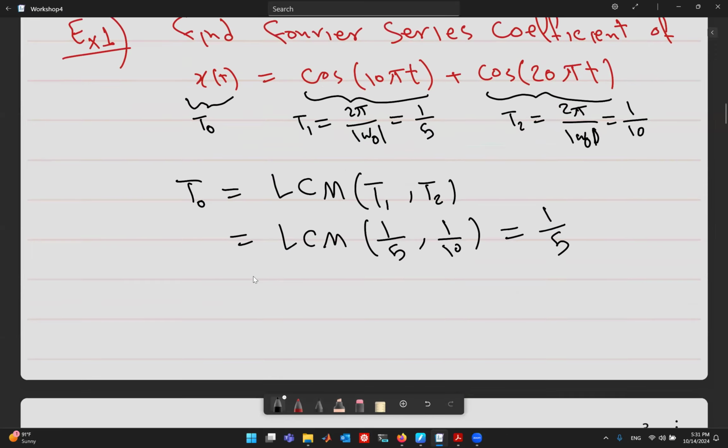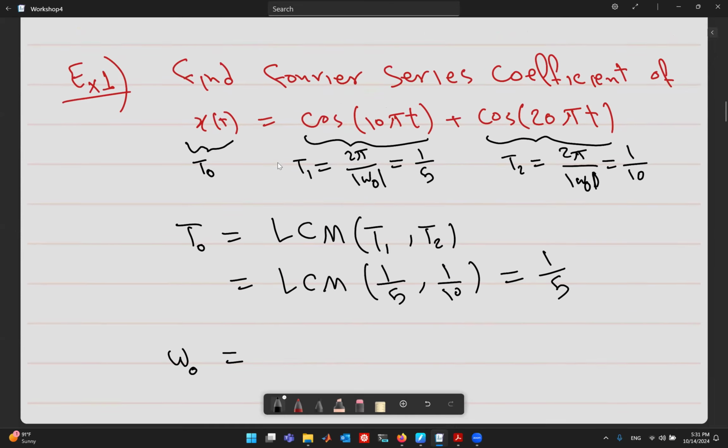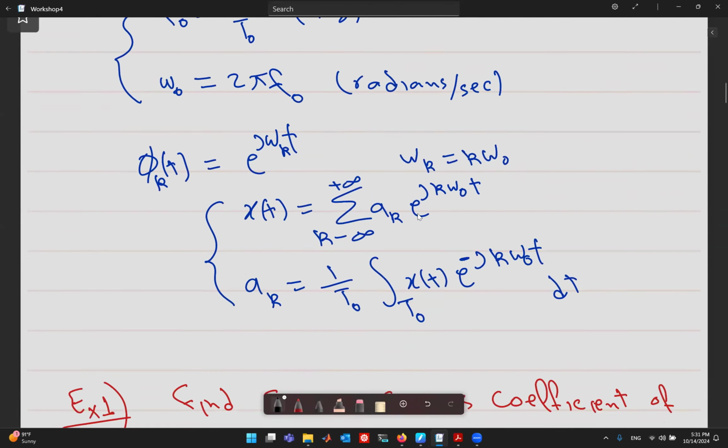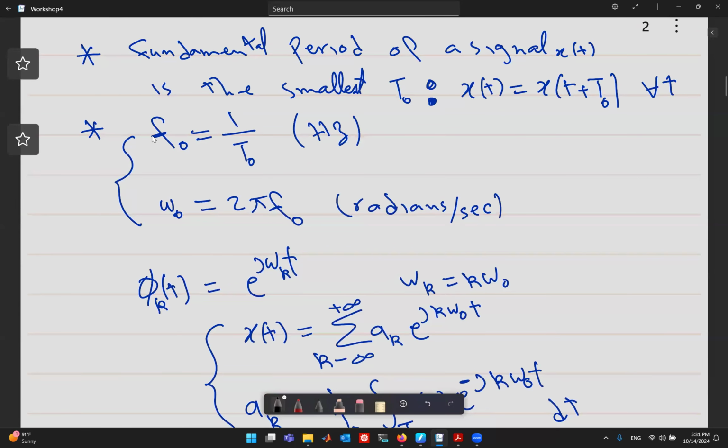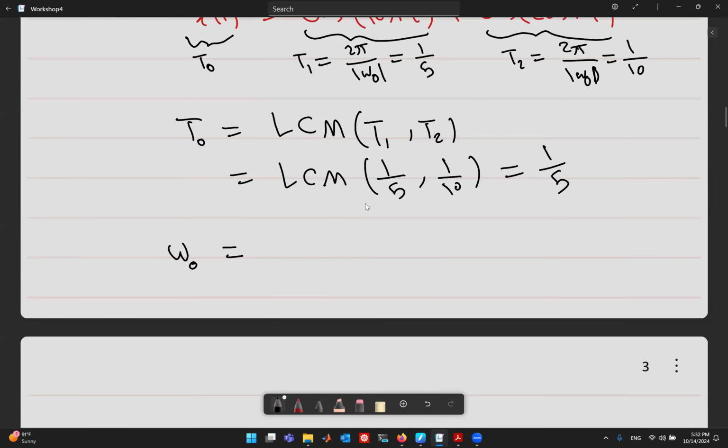So the period of this signal is 1 divided by 5, and the fundamental frequency of this signal in radians per second is omega naught equals 2 pi f naught, and f naught is 1 divided by T naught. So omega naught is 2 pi divided by T naught, which is 2 pi divided by 1/5, which is 10 pi.